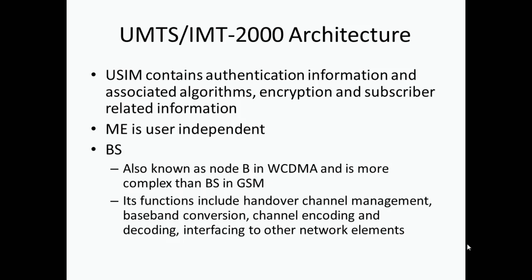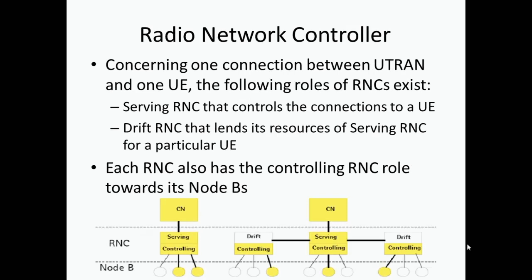As I already told you, the RNC is the same as the BSC in GSM. Its functions include handover, channel management, baseband conversion, channel encoding and decoding, and interfacing to other network elements. Now, the working of the radio network controller is as follows.